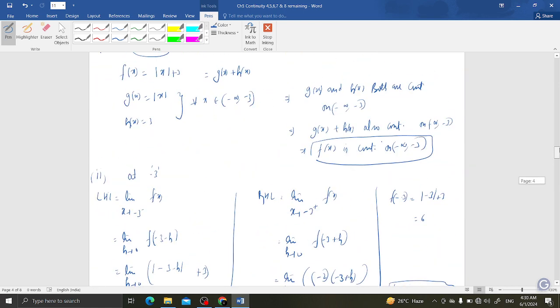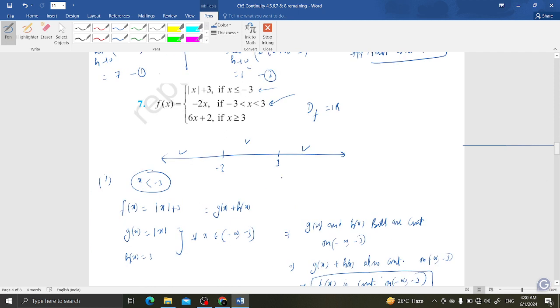Now after 3 also, in the third part, we have the first part here, the second part we checked at minus 3, the third part we already checked here, and the fourth part also we checked here. At 3 it is discontinuous, and the right side is defined by 6x plus 2, which is also a polynomial, so it is also continuous.